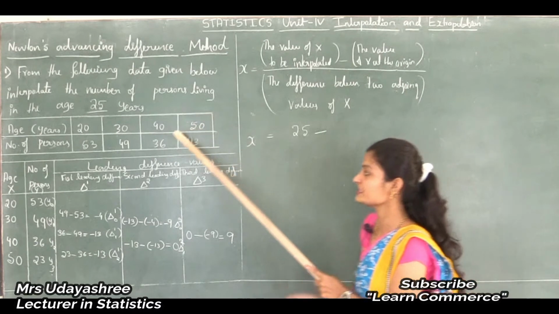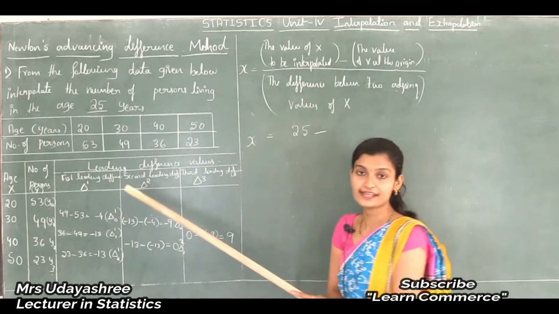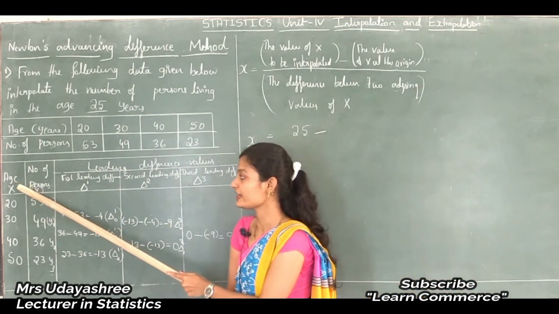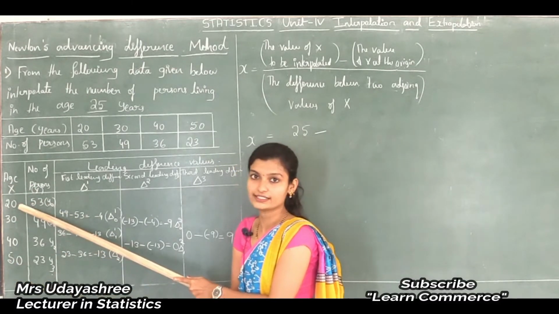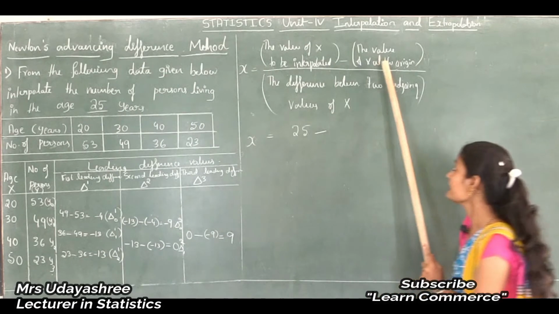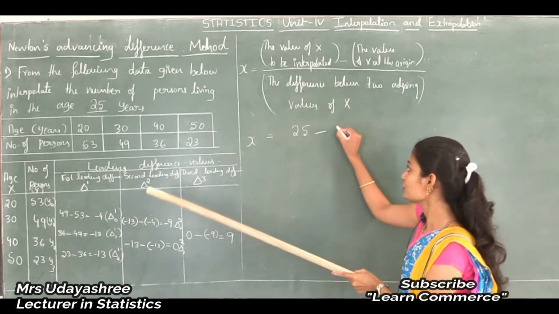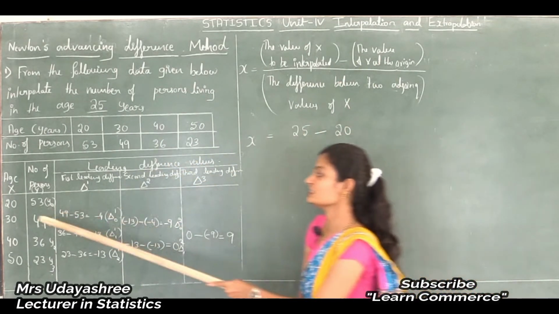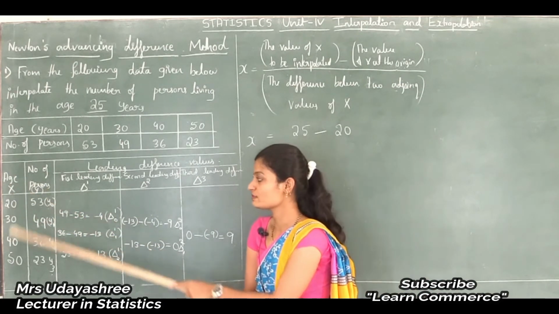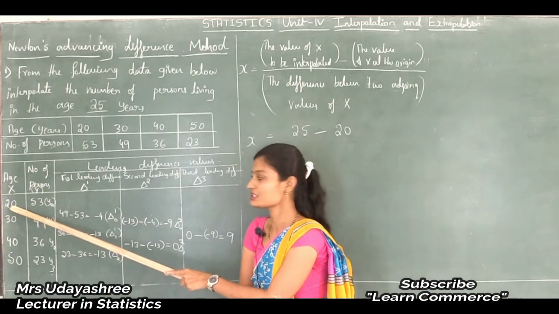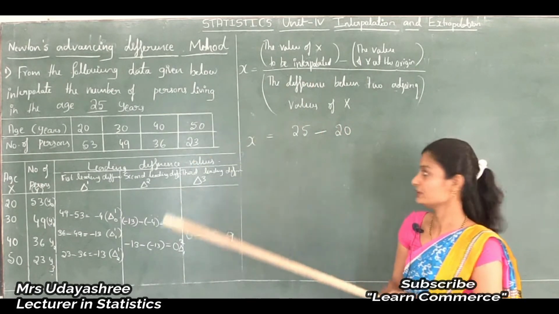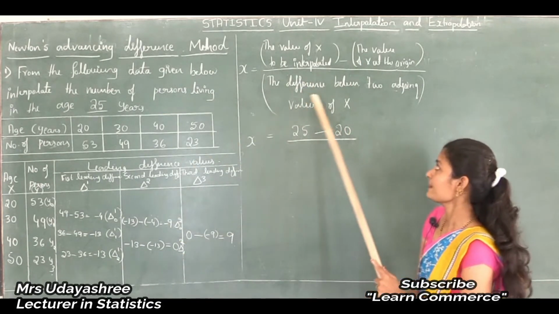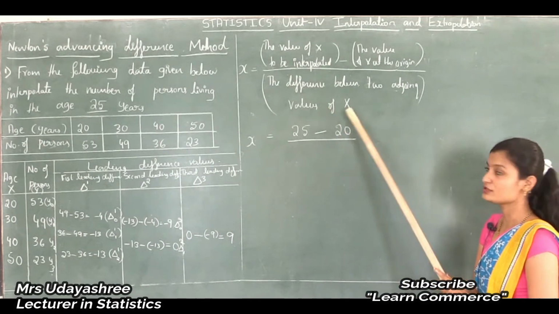Looking at the x observations, the origin value is 20, the first value. Therefore in its place we substitute 20, divided by the difference between two adjoining values of x.